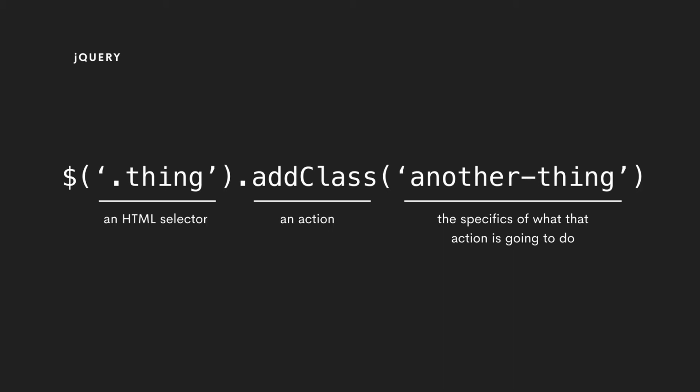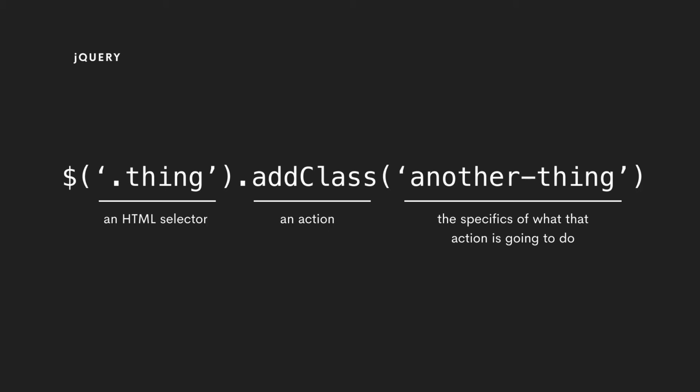What we're going to put into that function is the name of an HTML selector, just the same way we did when we were styling things with CSS earlier. We're going to do some kind of action on it. This is just an example, this addClass action. And then we're going to give some sort of parameters to that function to tell it what exactly we're going to do. Does that make any sense, roughly? Okay, cool.